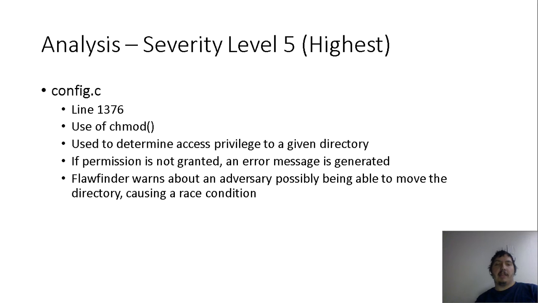In this particular case, if the permission is not granted, an error message is generated. The main thing Flawfinder warns about here is an adversary possibly moving the directory or file, which would cause a race condition.